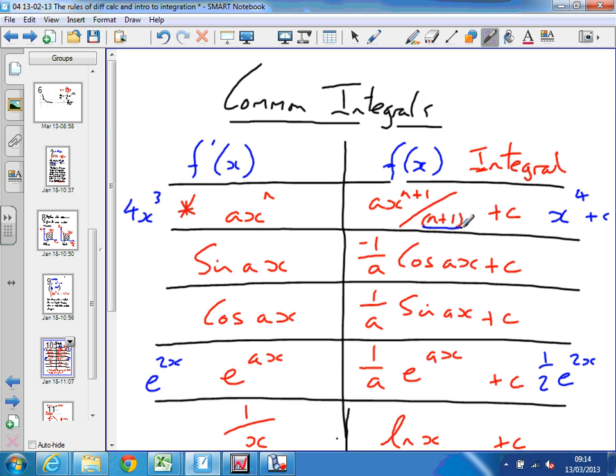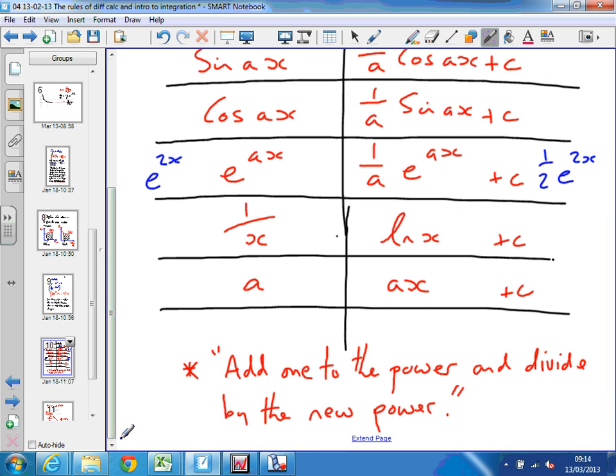So in words, what do you do when you integrate? You add 1 to the power and then divide by that new power. And at the bottom, I think I've written that, that asterisk. This is the one we use most commonly, and in words it's worth remembering. How do I integrate? Add 1 to the power and divide by the new power. Okay?